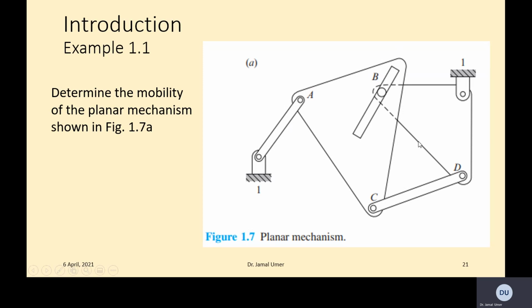And then you just use this Kutzbach relation to find out the mobility of the mechanism.